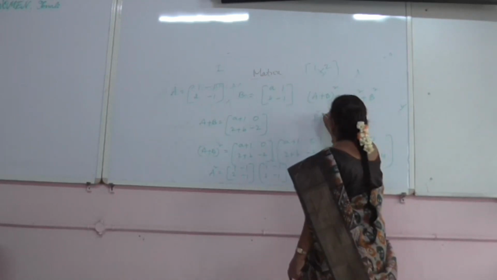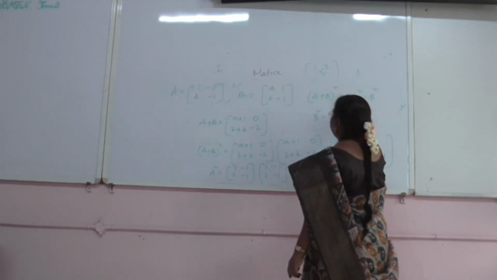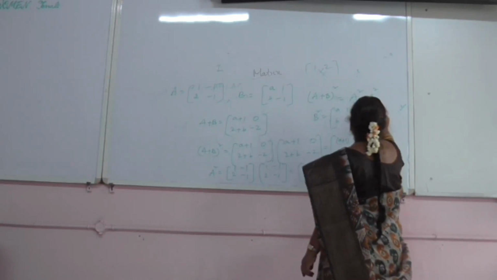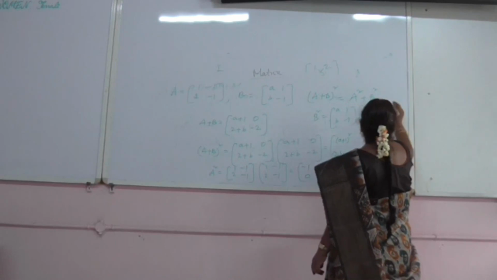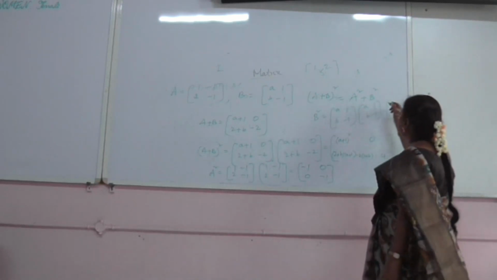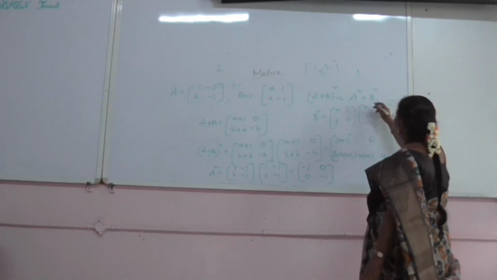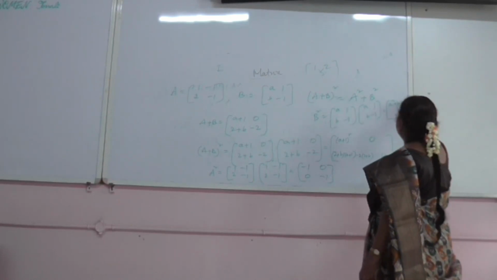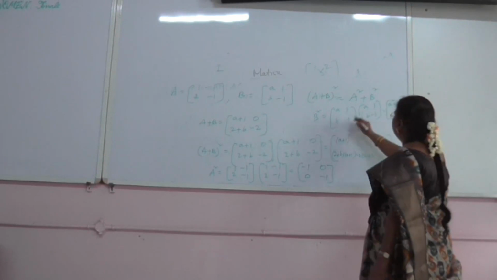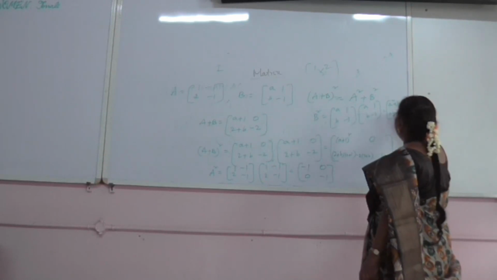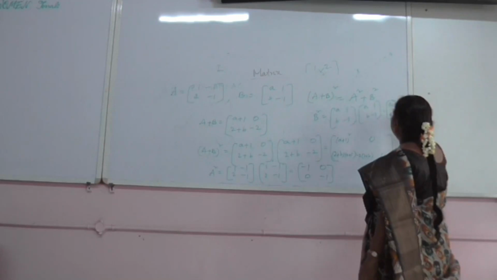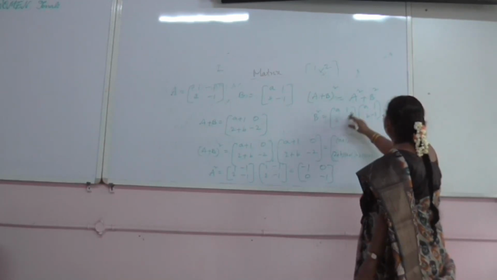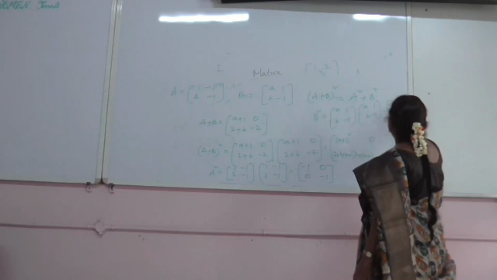Similarly, B square equal to [a, 1; b, minus 1] into [a, 1; b, minus 1], which gives a square plus b, a minus 1, ab minus b, b plus 1.